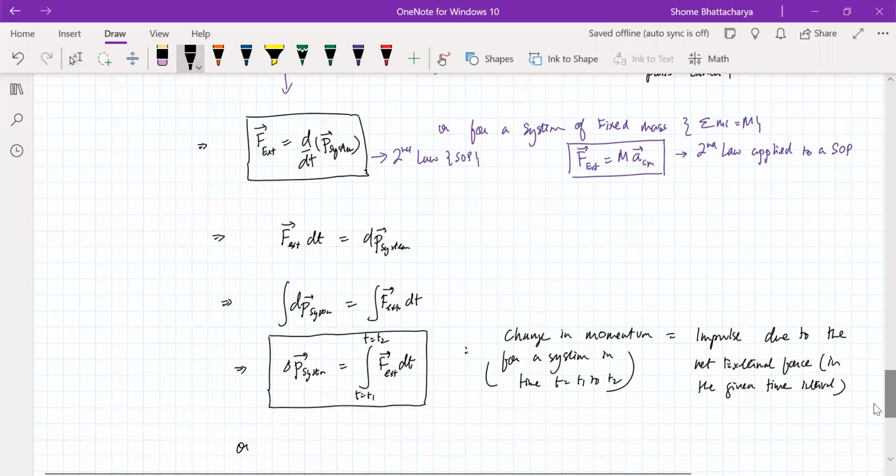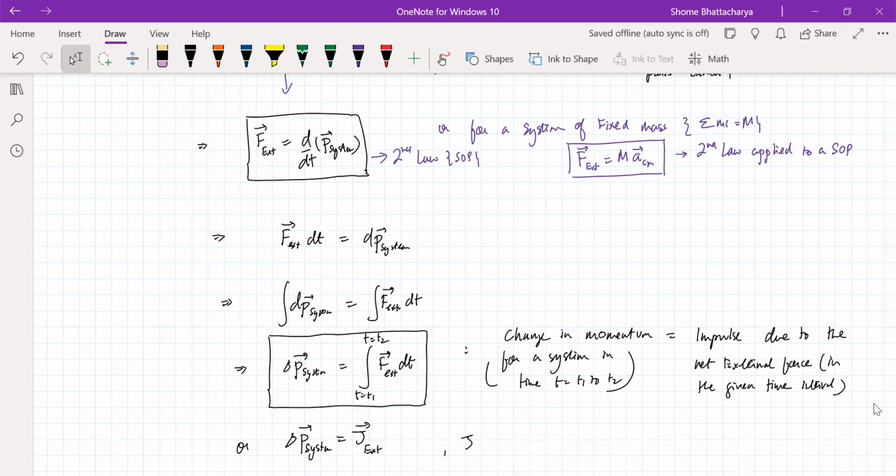Also write it like this, that the change in momentum of the system equals the impulse due to the net external force. Okay.